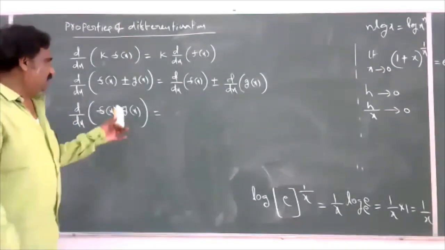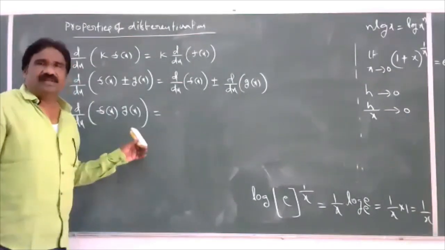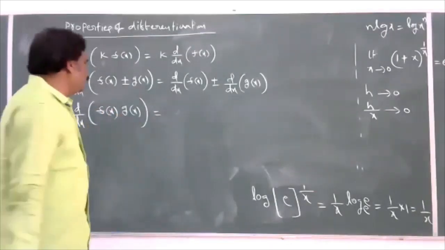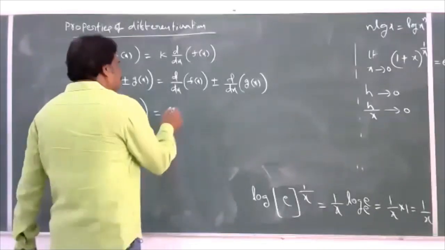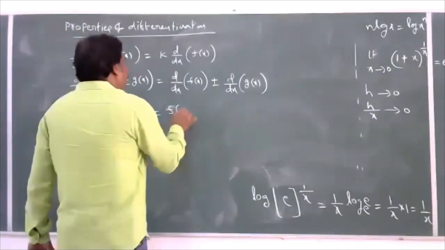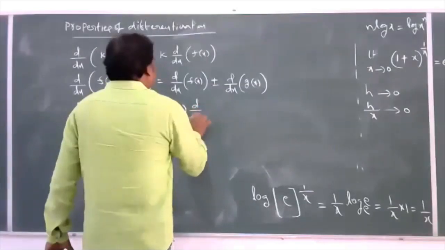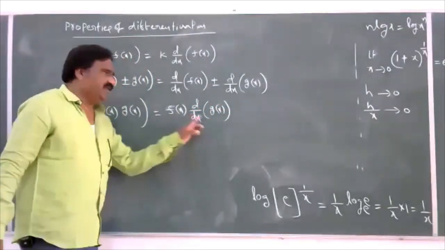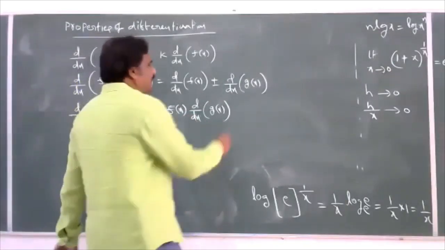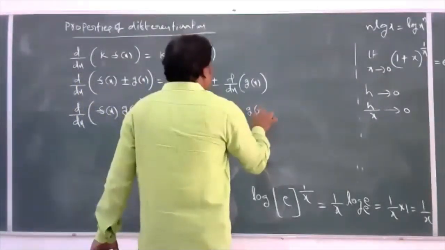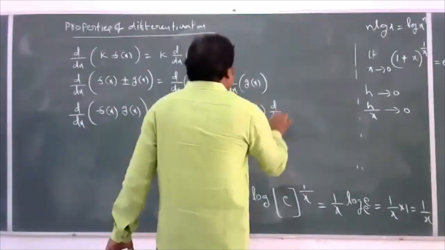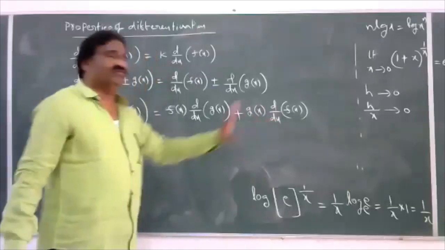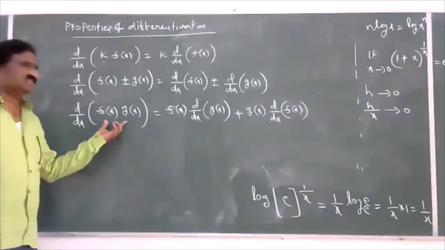In the first year, you already did problems using the product rule. d by dx of f of x into g of x is the first function f of x into the derivative of the second function g of x, plus the second function g of x into the derivative of the first function f of x. So this is the product rule.